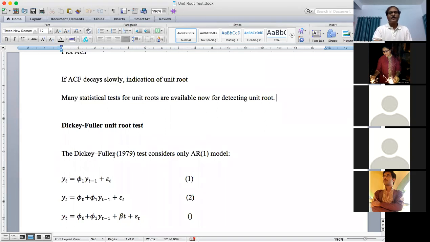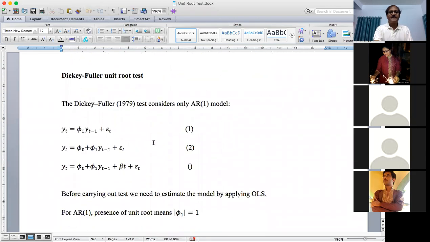Dickey and Fuller, two statisticians, formulated this test in 1979. And this test in time series econometrics is popularly known as the Dickey-Fuller test. This Dickey-Fuller test considers only the AR1 series, autoregressive of order 1.